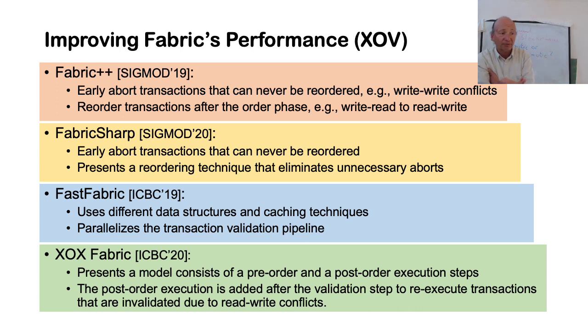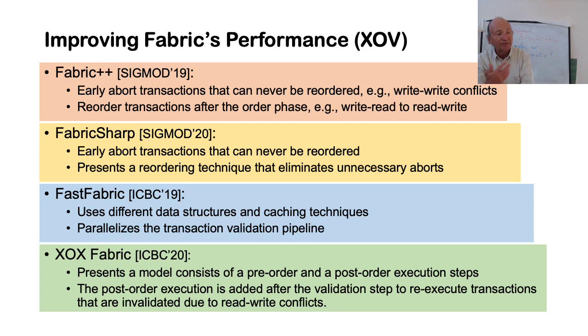Alternatively, Fabric Sharp also used early abort of transactions that can never be reordered, and presents a reordering technique that eliminates unnecessary aborts, because you can take advantage of some of the semantics of the read and write conflicts. Fast Fabric uses various different data structures and caching techniques, and parallelizes the transaction validation pipeline.